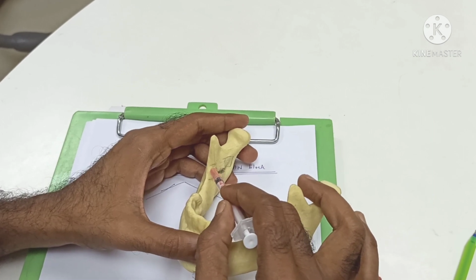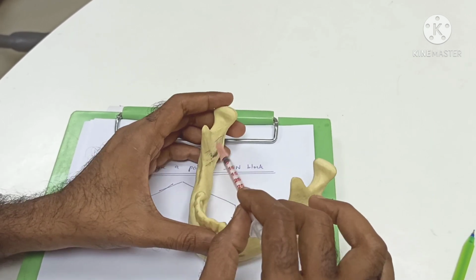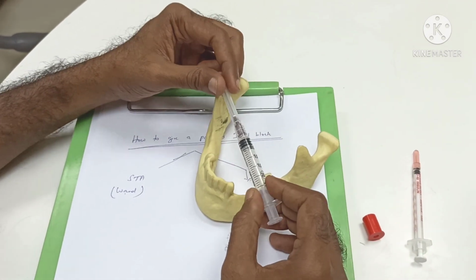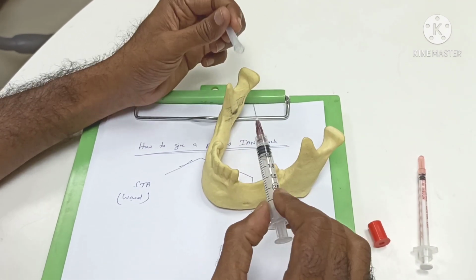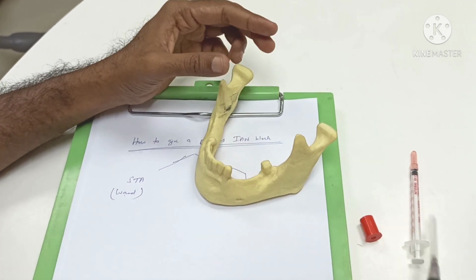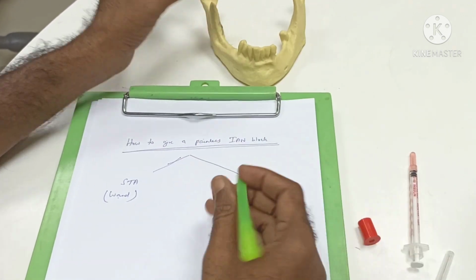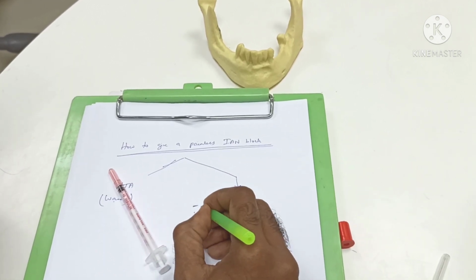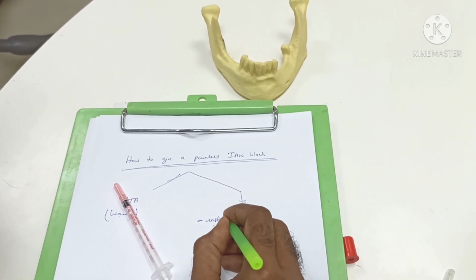Deposit a few drops, then wait for a few seconds. After that you use your regular syringe, then the inferior nerve block will be entirely painless. So the first technique is using the insulin syringe.